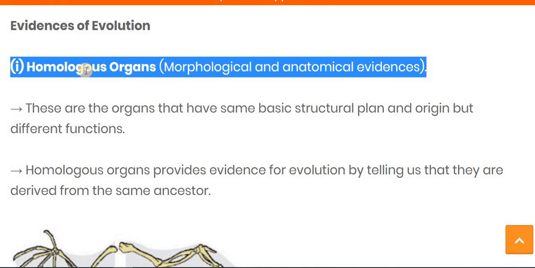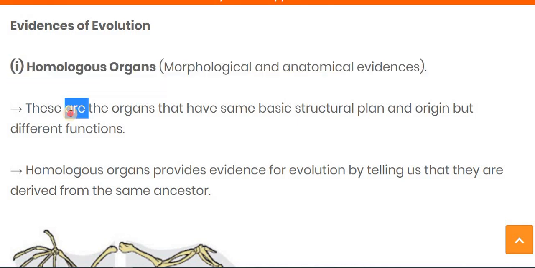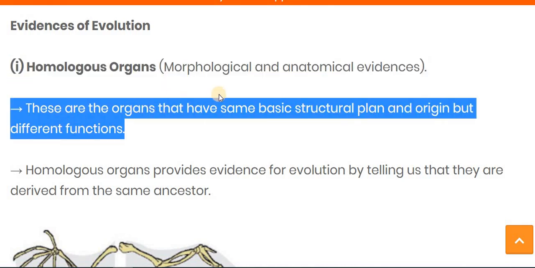Homologous organs have the same structure, but they perform different functions. That kind of organ we consider a homologous organ. These are organs that have the same basic structure, plan and origin, but perform different functions.